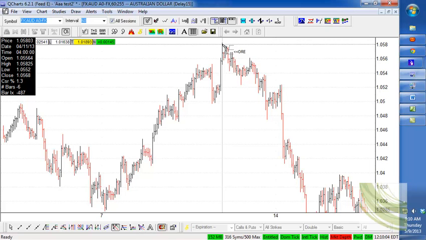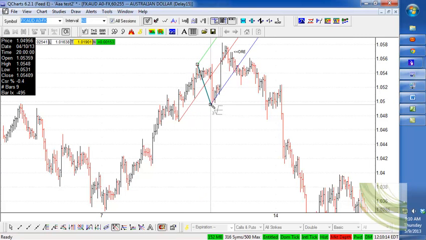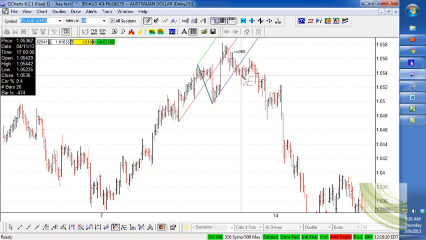So this was 4 o'clock in the morning, New York, which for me is like, oh my God, 1 in the morning. So what happens is you draw your ML, and you can simply let prices reverse and do a breakaway. And here's your breakaway past the MLH after they hit the OR.